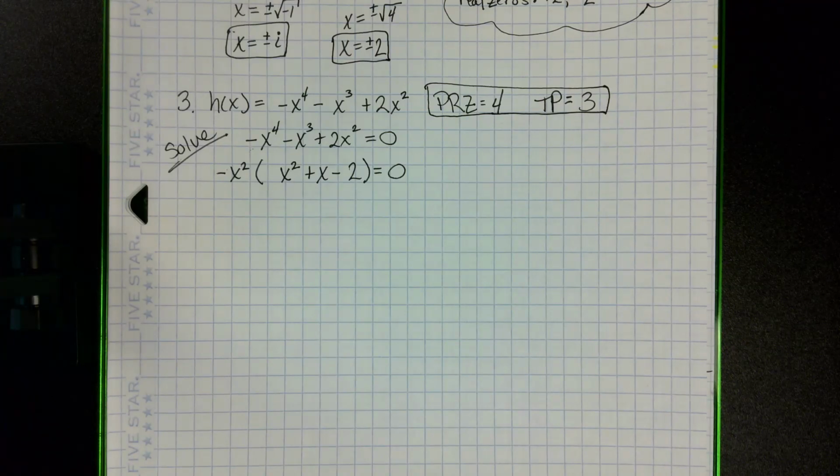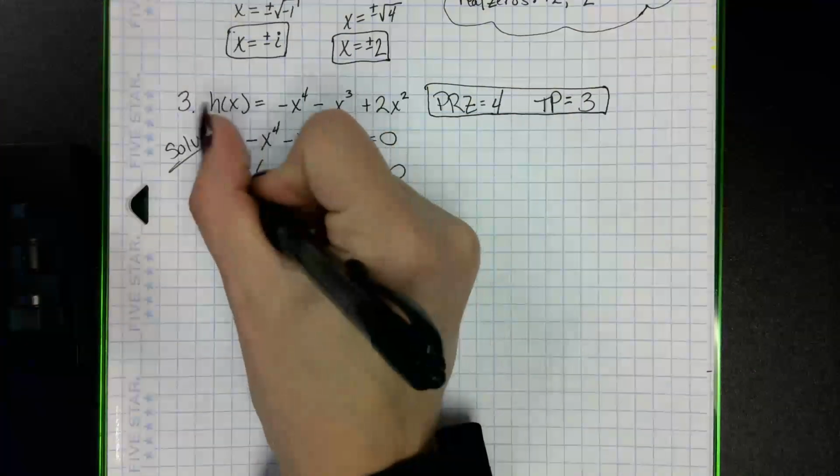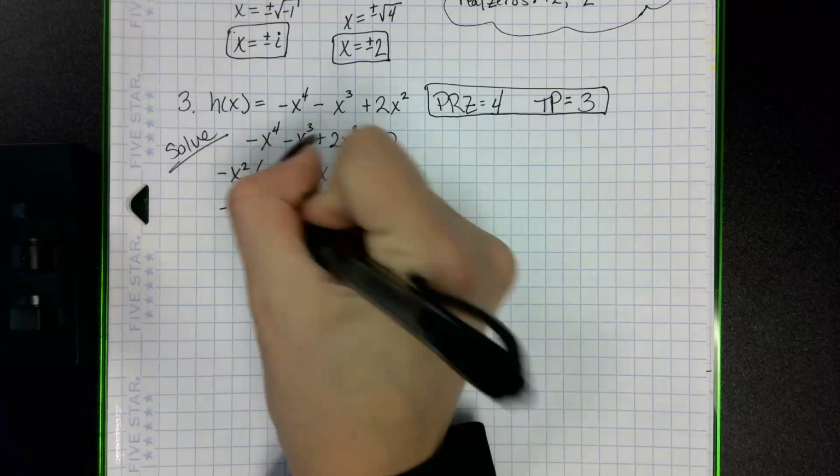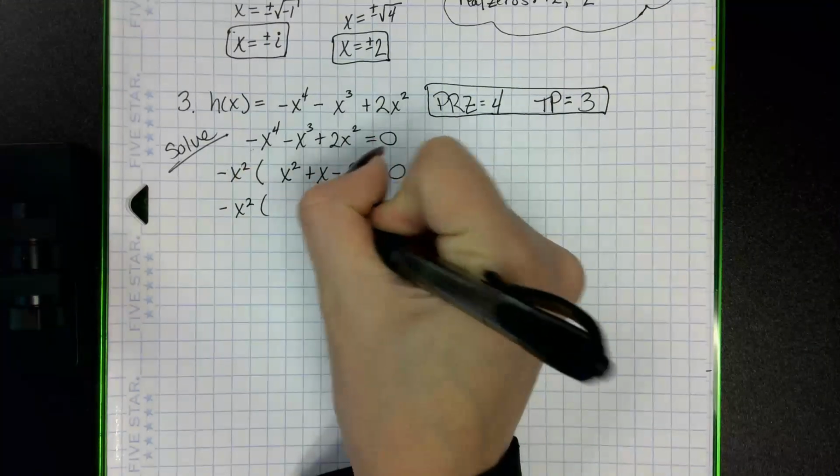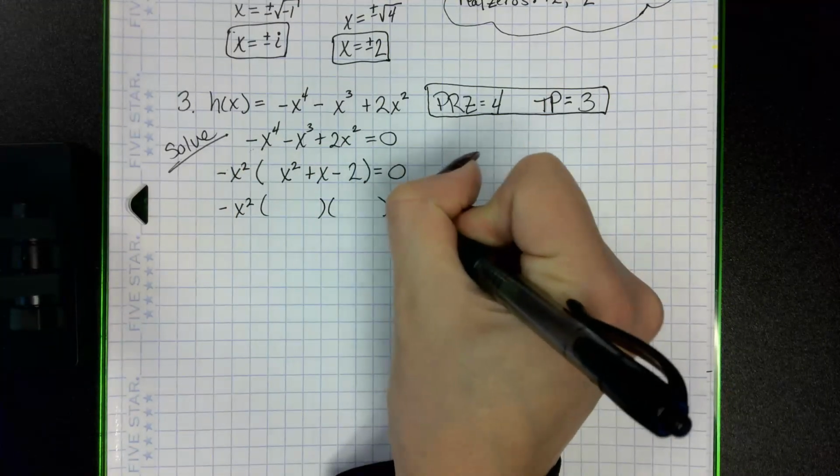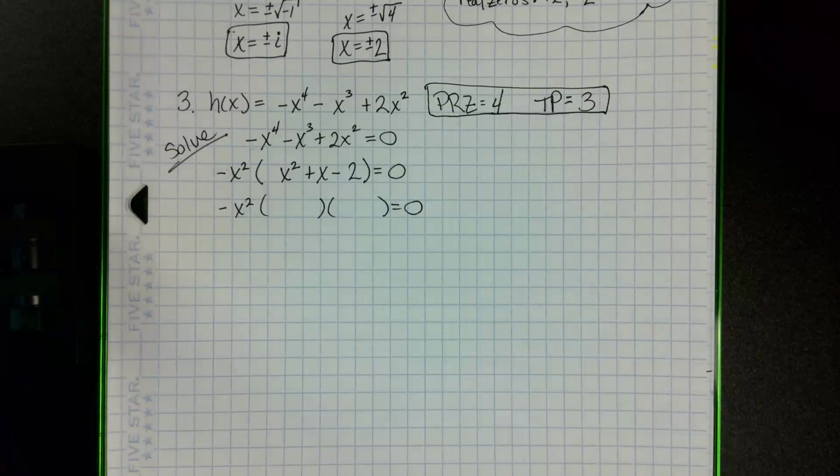All right, so I'm going to factor that. Again, it's pretty simple factoring because the a value is positive 1. I have negative x squared on the outside. I'm going to set up 2 sets of parentheses for my factors.